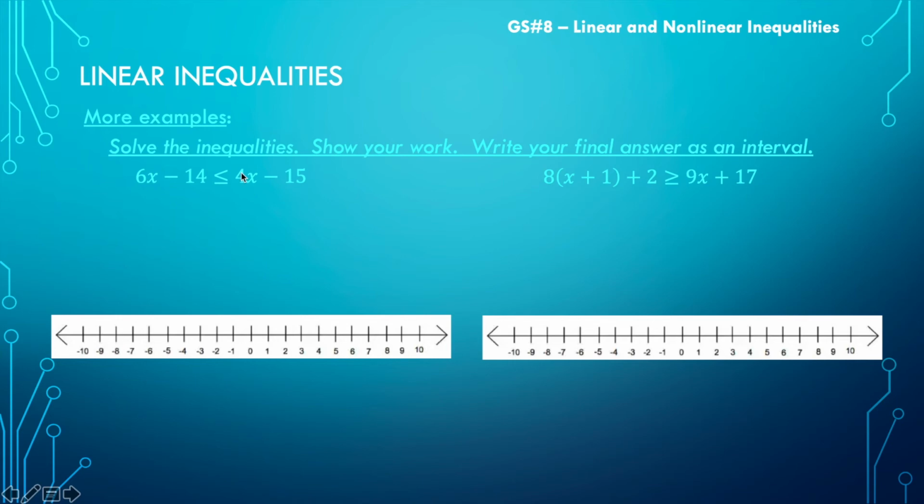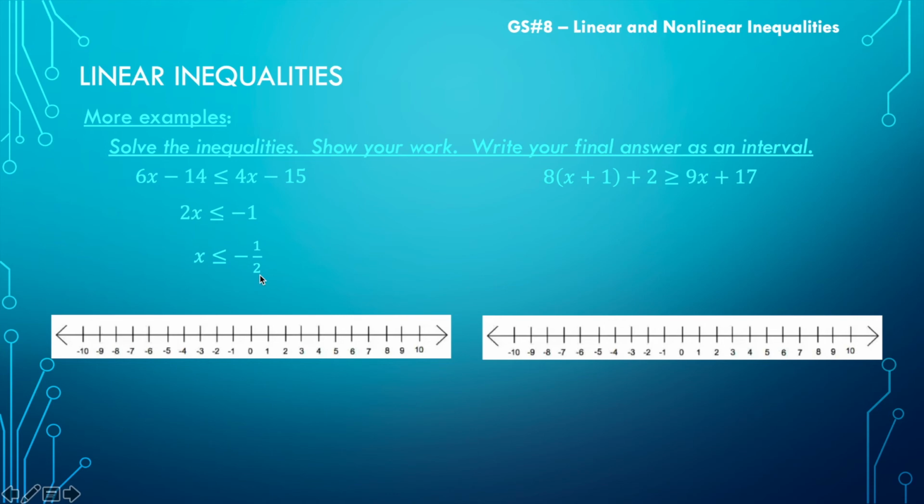So let's think about moving this 4x to the other side by subtracting it on both sides. And then if we move this x to the left, let's move this constant to the right. And we would end up with 2x is less than or equal to -1. And then when we divide out the 2, we would end up with x is less than or equal to -1/2.